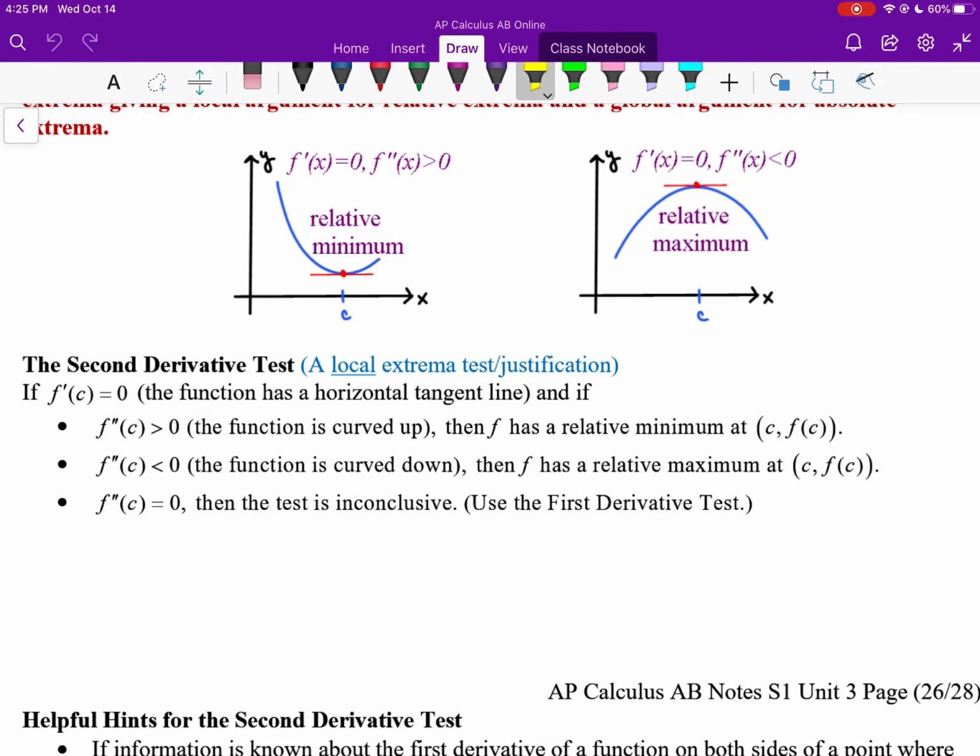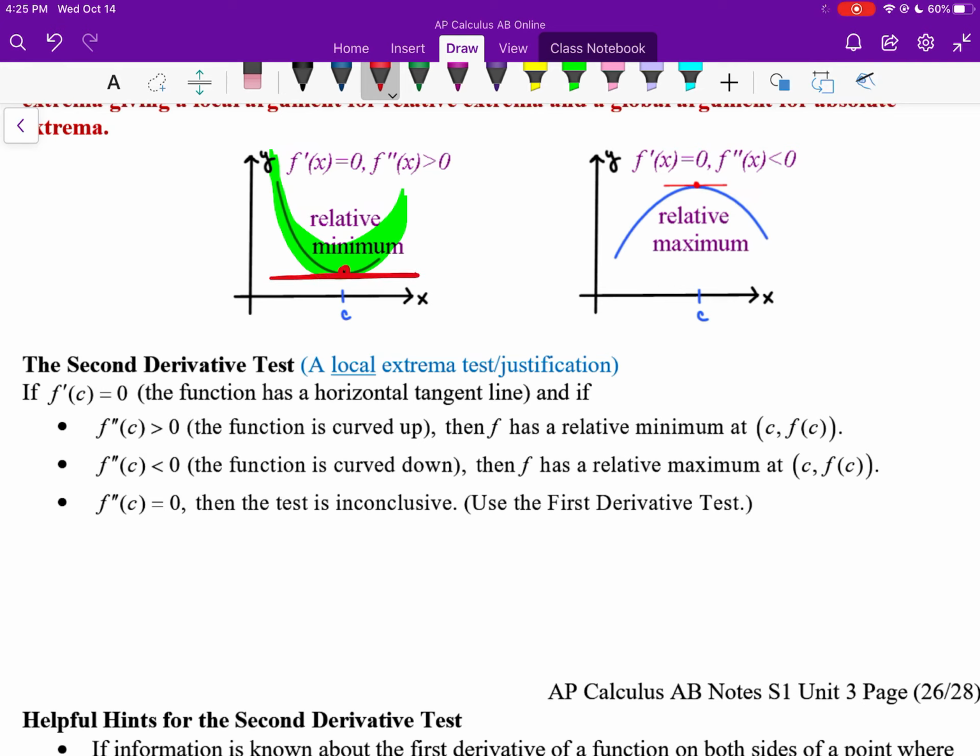Let's look at our particular diagrams up here before we delve into the specifics of the test. I have a function where this function is curved up. It is concave up. The second derivative is positive. There is a point over here where the first derivative is equal to 0, meaning I have a tangent line, a horizontal tangent line.